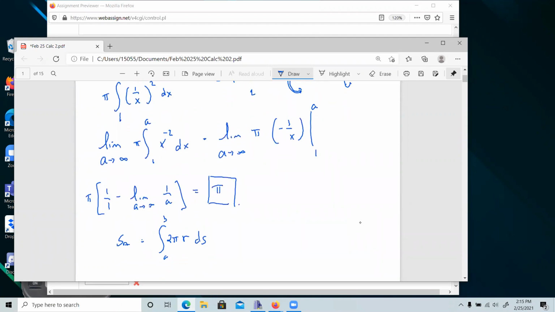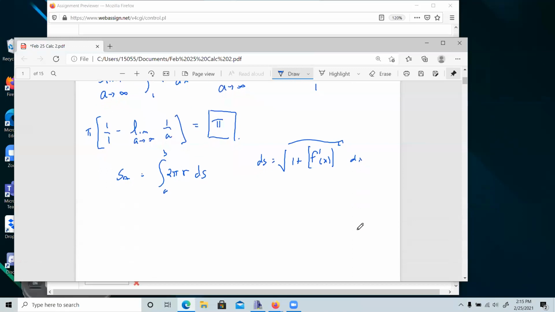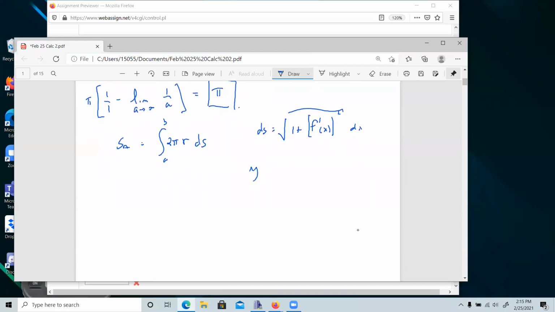And ds is the square root of 1 plus f prime of x squared dx. With y being 1 over x, y prime is negative 1 over x squared, and if I square that, that's 1 over x to the 4th.